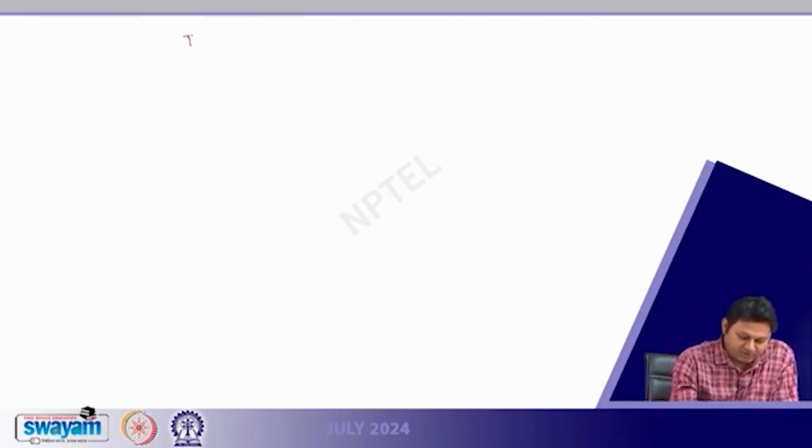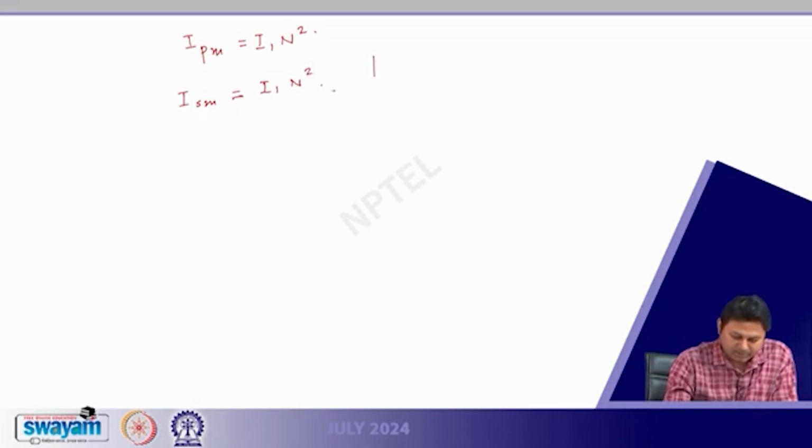The intensity of the principal maxima is I1 n square, and the intensity of the secondary maxima is I1 n square multiplied by 1 divided by 1 plus n square minus 1 and then sin square alpha.